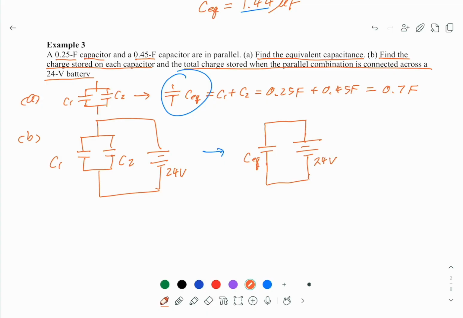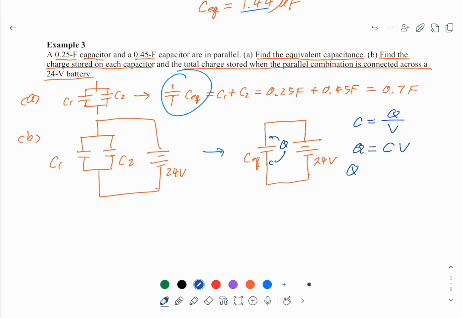Now what you're asking is, what is the total charge stored here? So for the total charge, we can use the formula. C is defined as charge per voltage, so Q is equal to CV.